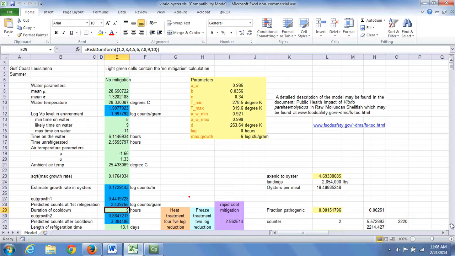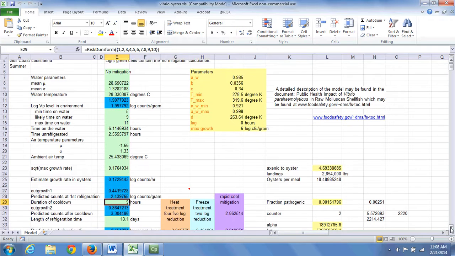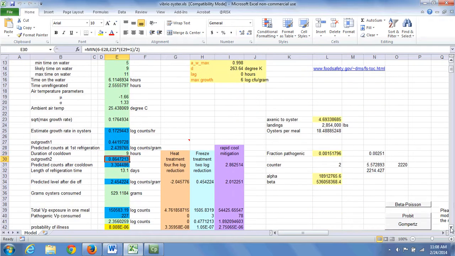During the time that they're cooling down, the Vibrio continue to grow, and we have an outgrowth of 0.86 log count per gram. That brings the oysters up to 3.3 log per gram of oyster flesh. In this particular case, these oysters remain refrigerated for 13 days. During that time, some of the Vibrio died off to 2.5 log per gram.